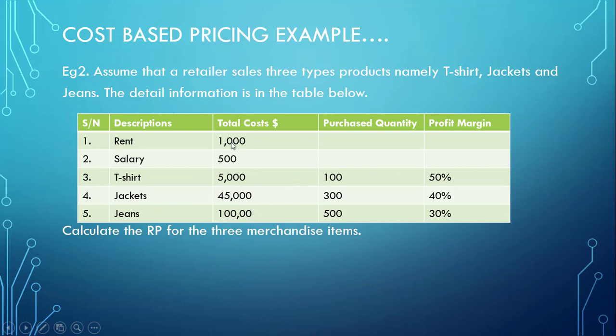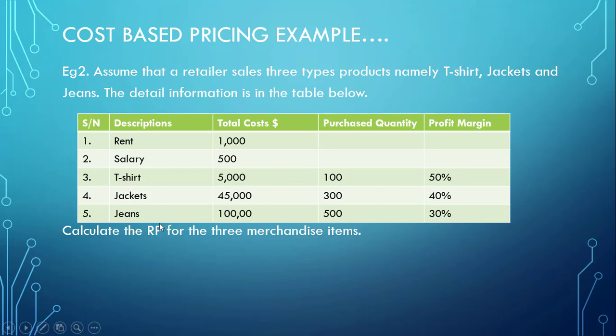These are the totals, and the retailer purchases 100 units of t-shirts, 300 units of jackets, and 500 units of jeans, with a markup percent of 50, 40, and 30 for the three products.